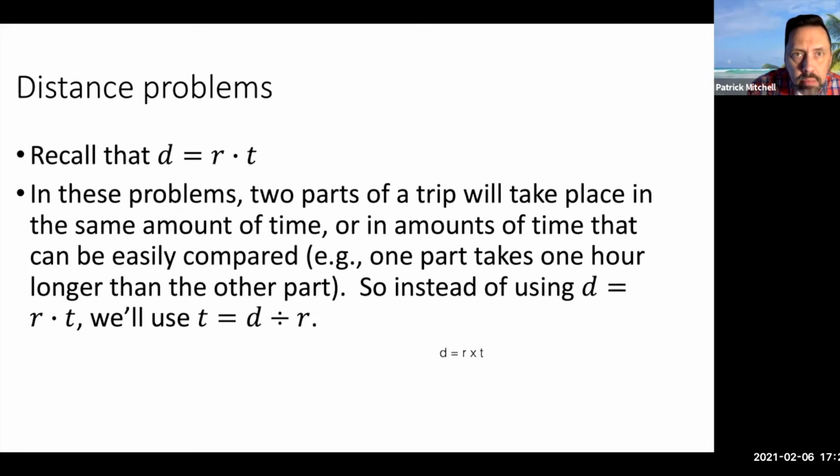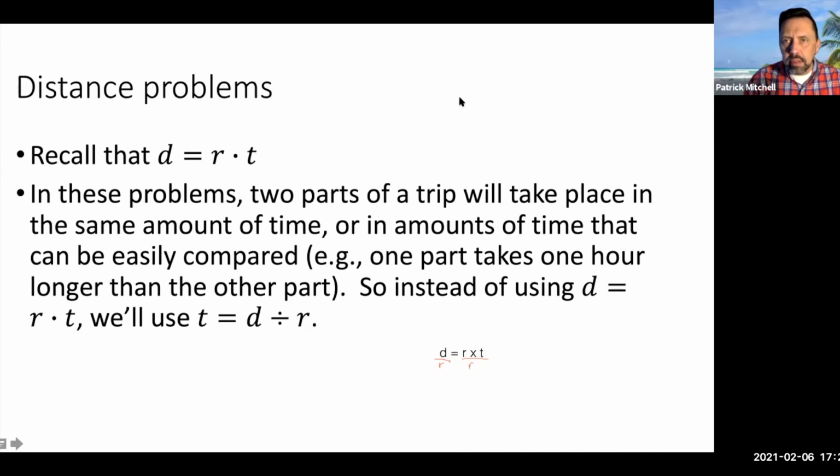Oh, here we go. Okay, I've got my mouse back. Now I need the pen. All I wanted to show you was that I'm solving this equation for t by dividing both sides by r. So that's how I get t equals d divided by r. I'll show you in just a second how I'm going to use that.